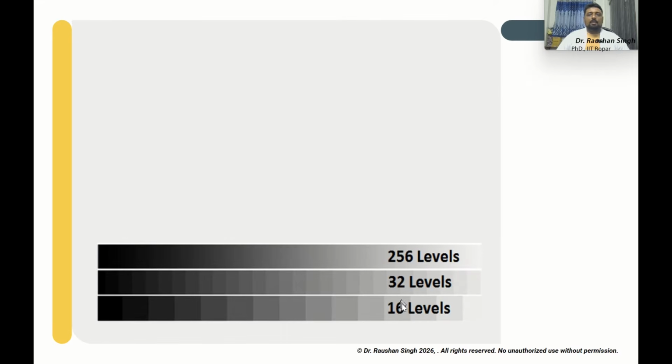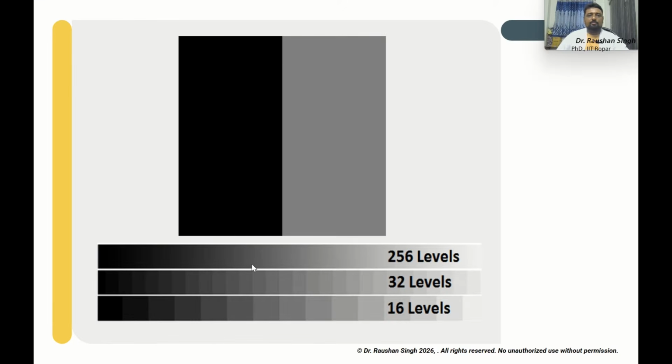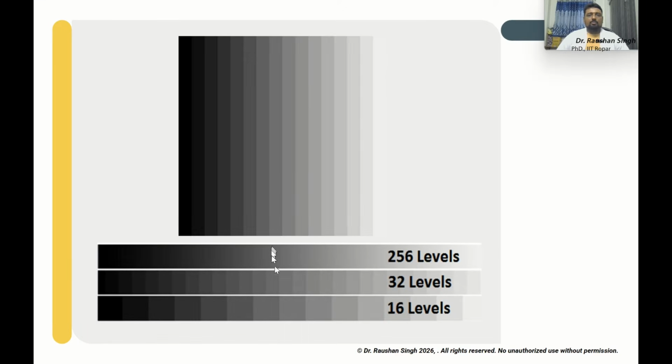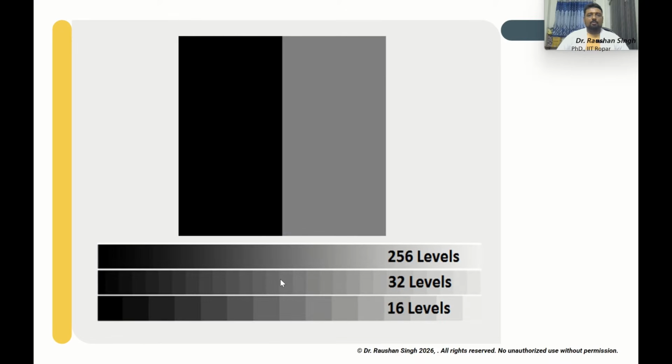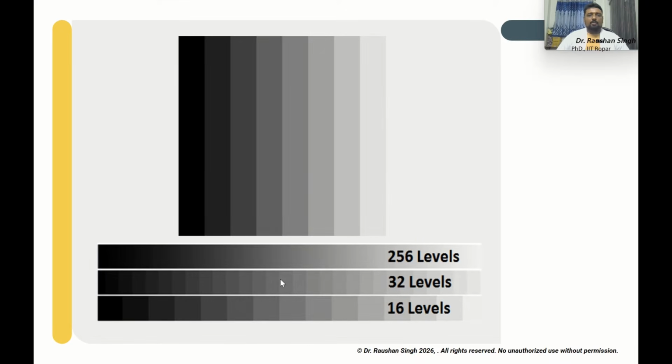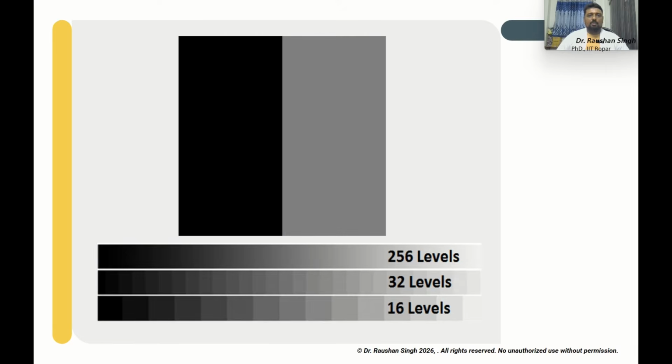So see the levels. 16 levels means it's coming here. You can see that here we have 16 levels, here 32 levels, here 256 levels. What basically happens when the level increases is available in this GIF. You can see that it starts from 2, then 4, then 8, then 16, then 256.